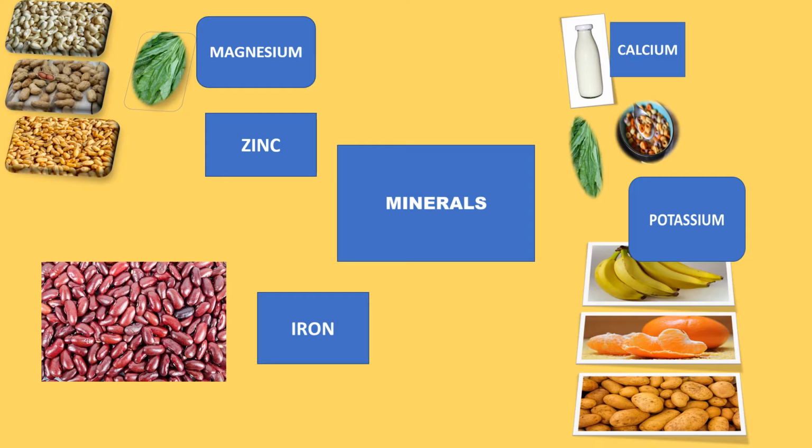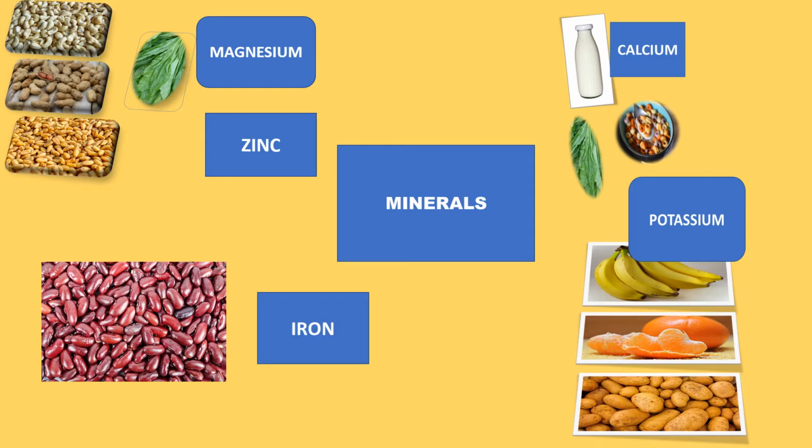Then comes potassium. We find it in bananas, potatoes, citrus fruits. It helps in regulating blood pressure, fluid balance, and muscle contractions. Then iron. We find it in beans, red meat, and it is very important for formation of hemoglobin, which carries oxygen in the blood.